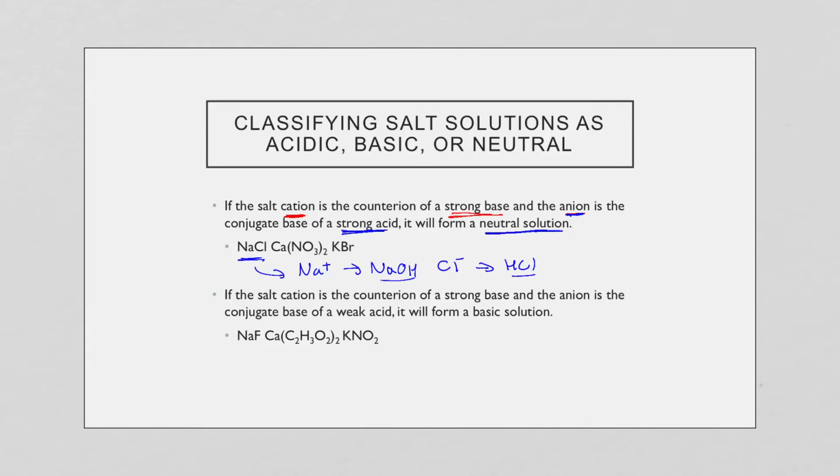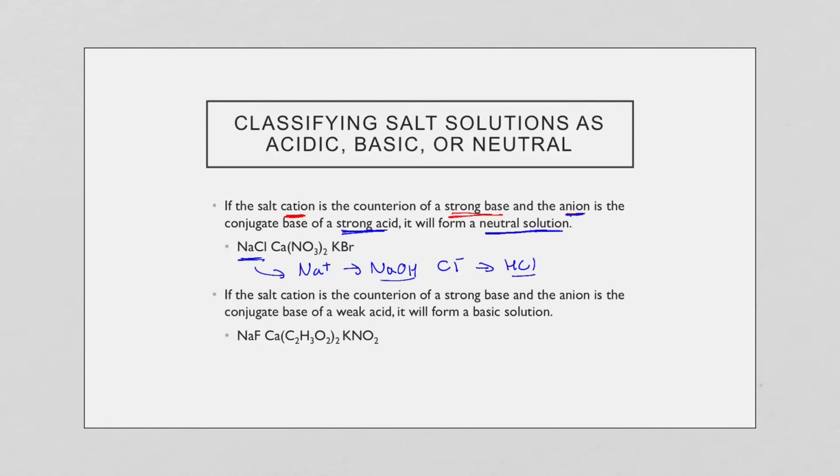Conjugates of strong acids or strong bases don't have any effect, right? So if they're both coming from a strong acid and base, then it's not going to have any effect. Neither of these are going to affect the pH. And we have a neutral solution. So that can be one type of ionic compound. Gives you no effect on the pH.